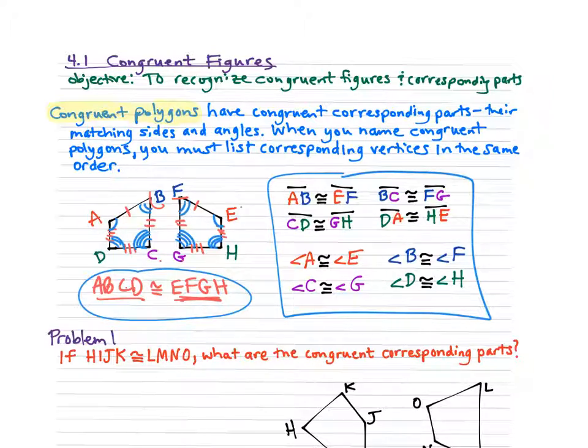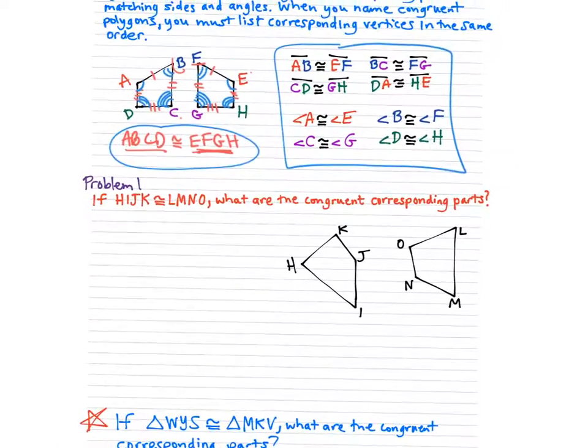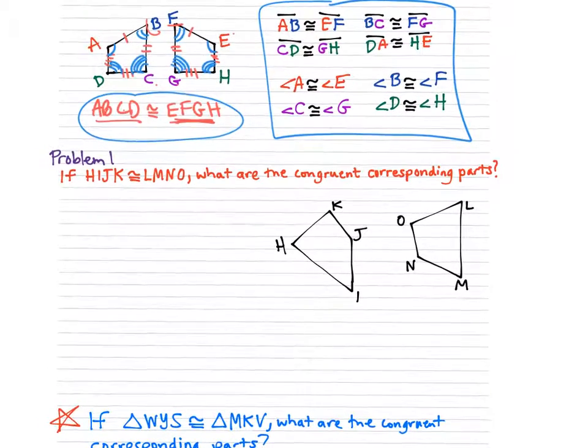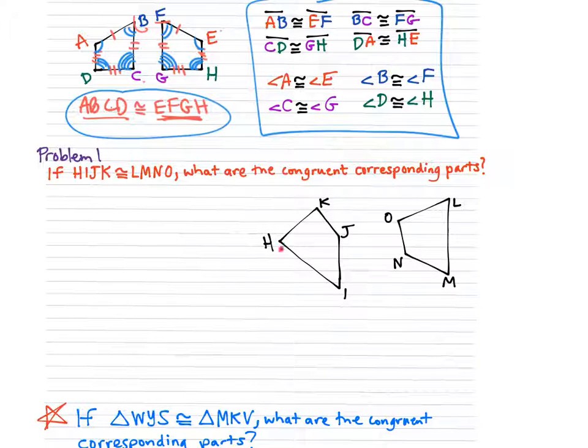For the first problem, it's going to show us two polygons, and it's telling us that HIJK is congruent to LMNO, and it's asking for the congruent corresponding parts. We don't even need the picture. We can get that just from this piece here. H is written first, so that's congruent to L. We'll start with the angles.